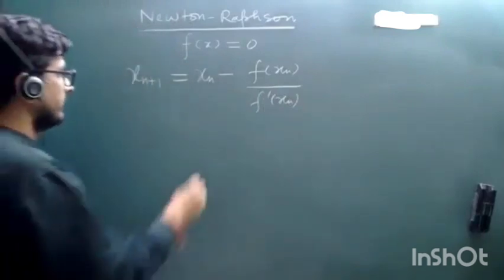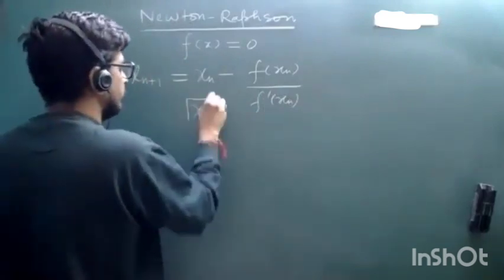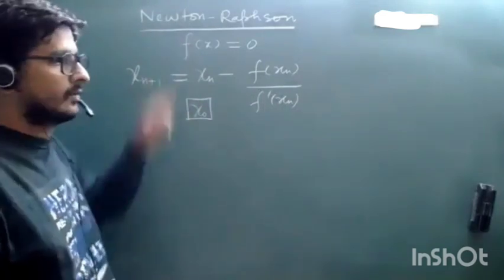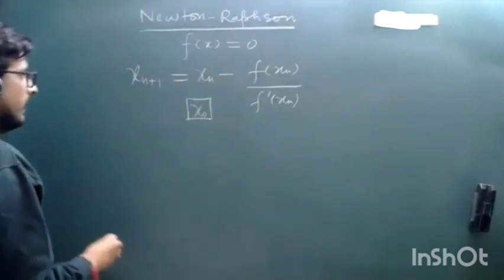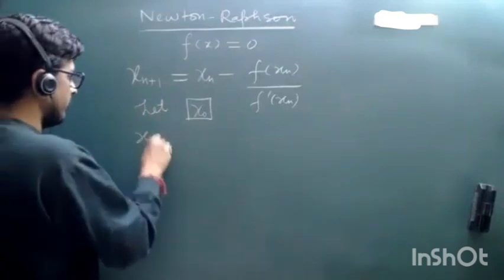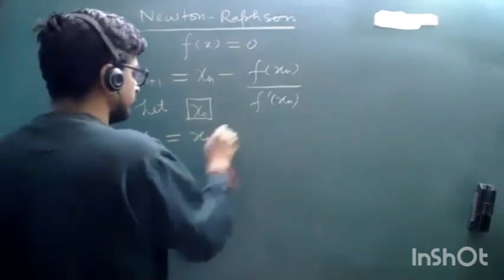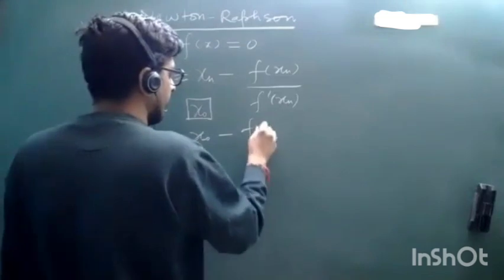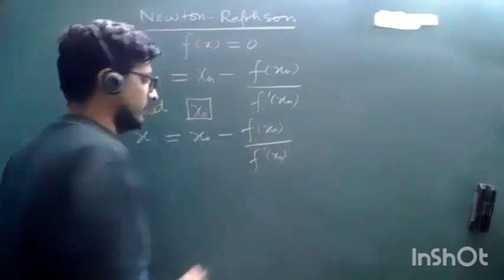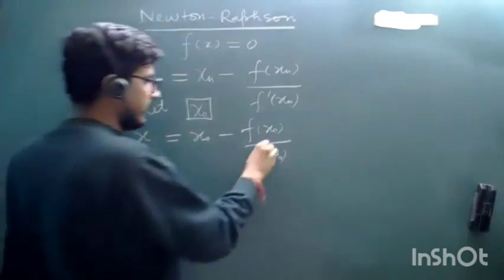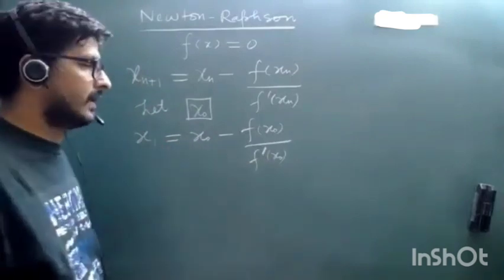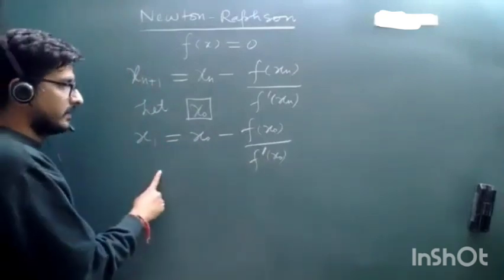So for example, if I start with some x0, the value from where you will start, considering this is the root of this equation, x1 will be given by x0 - f(x0) / f'(x0). Since the derivative value is needed at this point, it should exist, otherwise x1 cannot be calculated. This will be the first iteration.